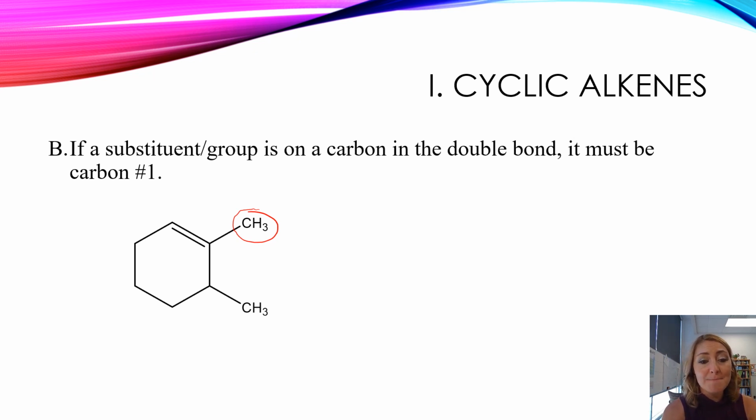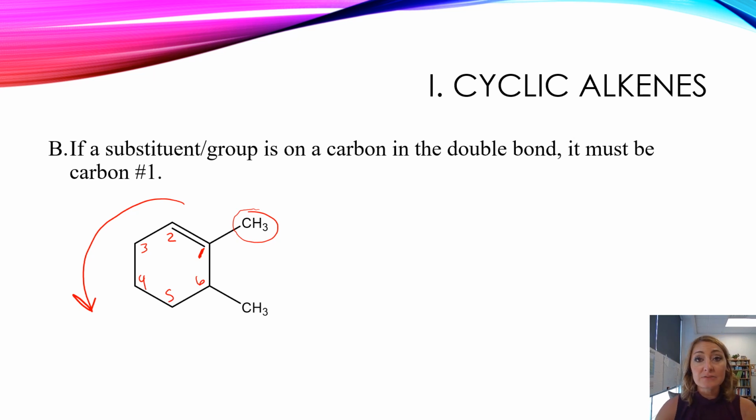According to this rule, I must start numbering here. According to the last slide, I know that the double bond has to get carbon positions 1 and 2. I have no choice but to count in this direction because there is a branch on the carbon involved in the double bond.